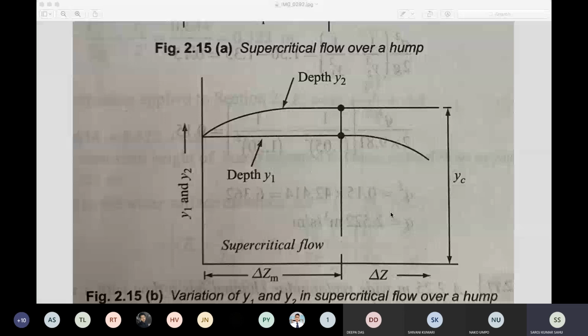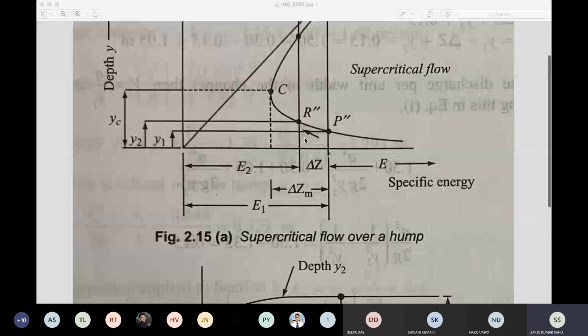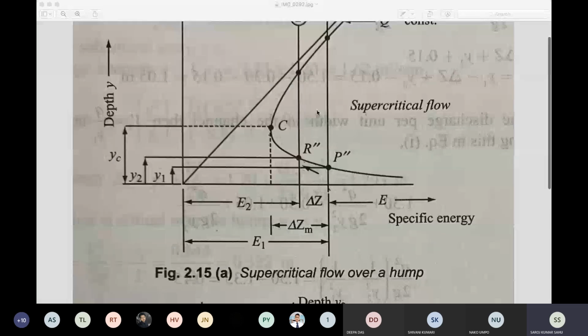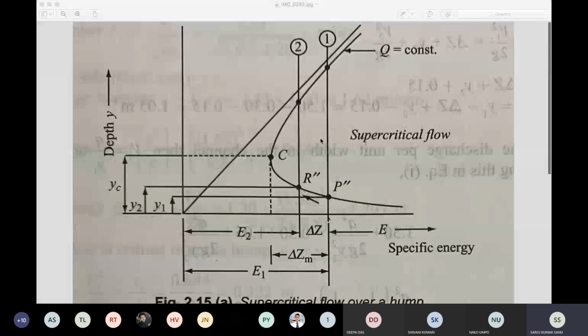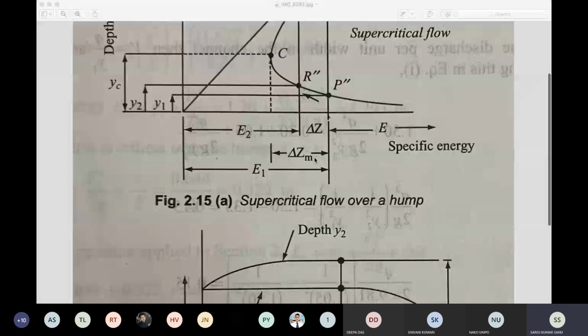You have to explain this, and the explanation can be done from a suitable specific energy diagram.